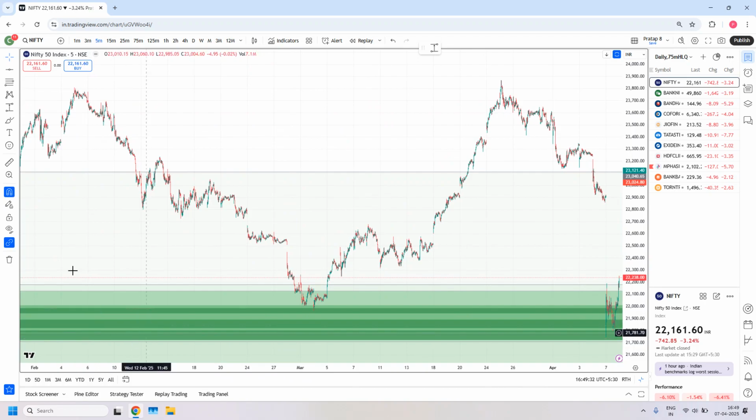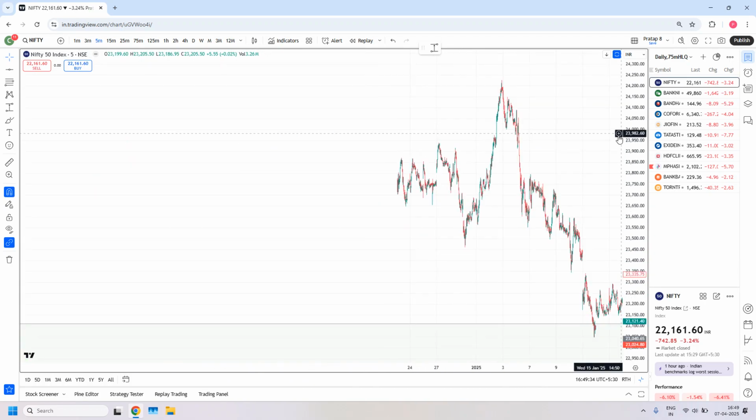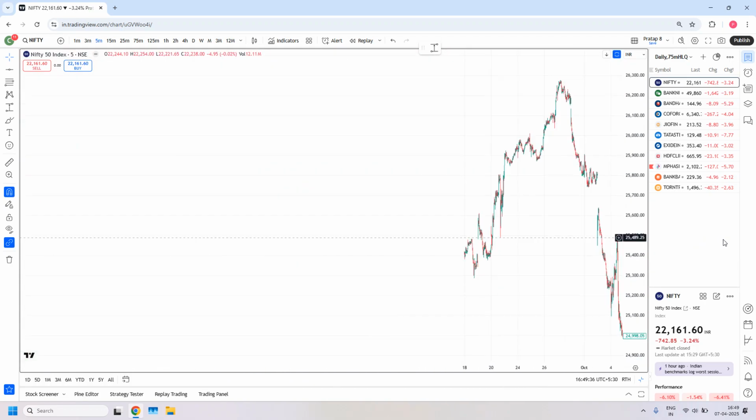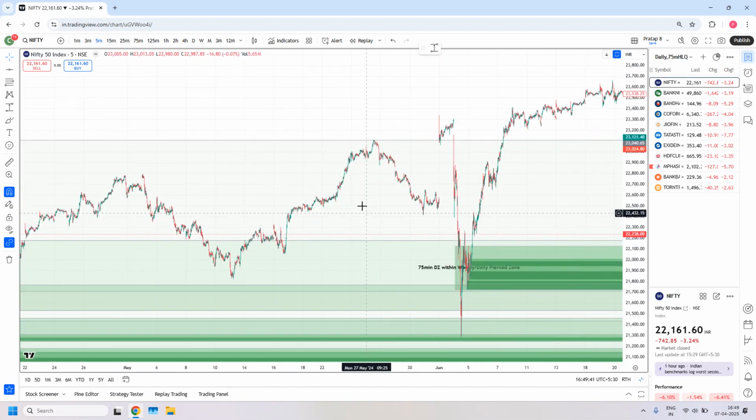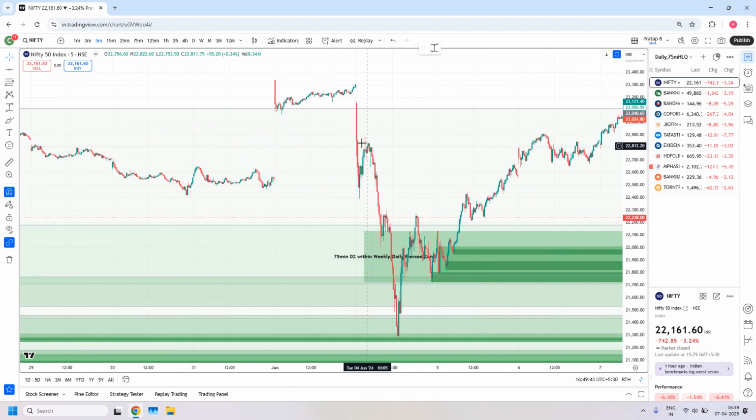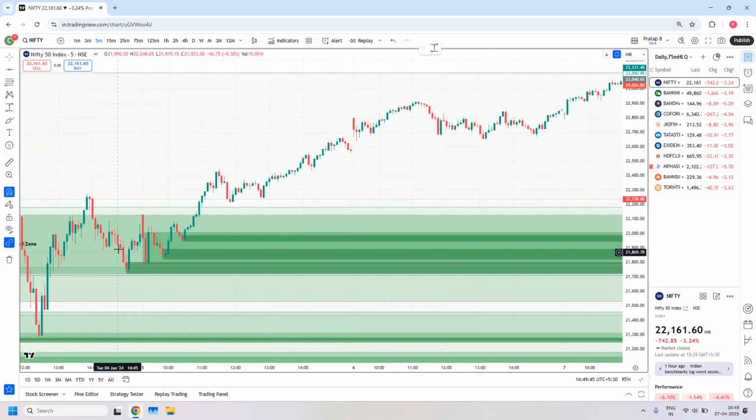This entire 75-minute zone. This is the one. This drop base rally is the lower time frame zone. This 75-minute zone is the higher time frame zone. Lower time frame zone as a horizon to the higher time frame zone.